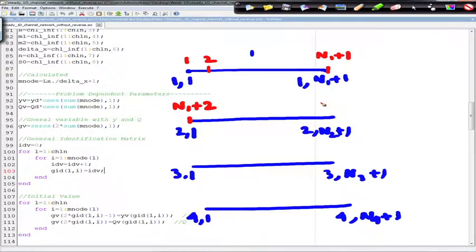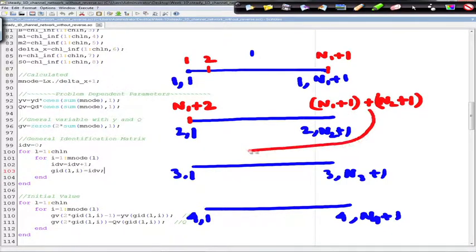So, this will be N1 plus 1 plus N2 plus 1 for the last one, and the same thing here, plus N3 plus 1. Like that, we can define a general number.